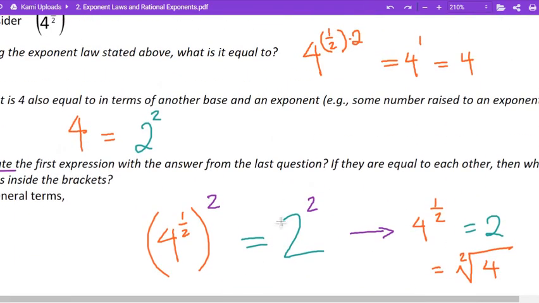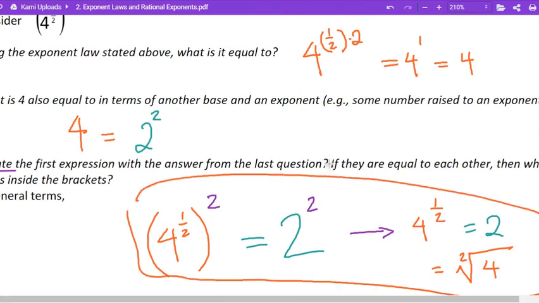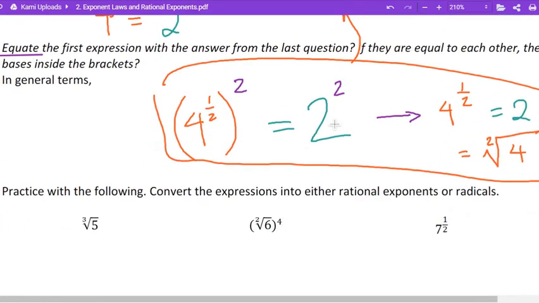Oh, I was supposed to write the general terms. Oops, that was supposed to go up there. Let's put this here. In general terms, we can say that x to the power of y over w equals, the x stays an x, the base becomes the radicand.